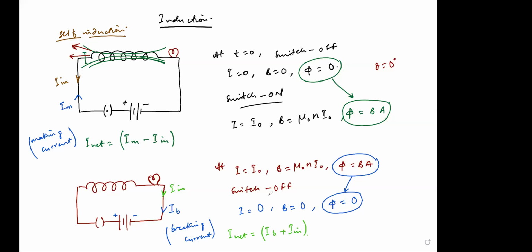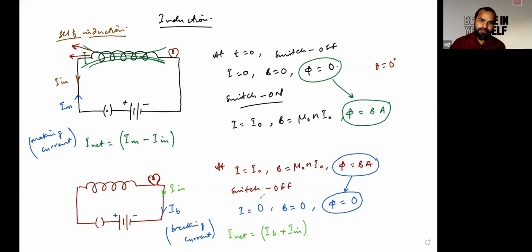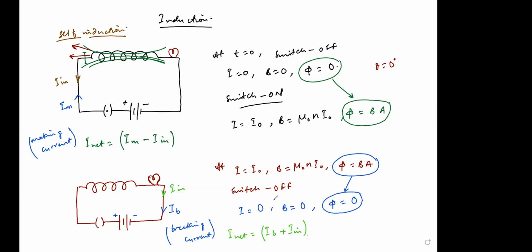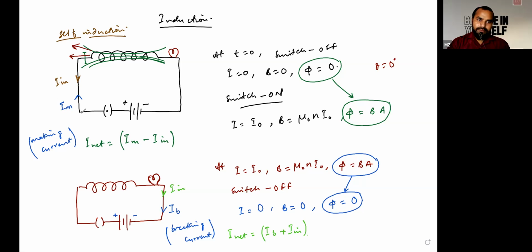Can you explain that again, sir? These two cases or only the bulb part? Only the bulb. In the first case, the flux was increasing due to increasing current. So according to Lenz's law, when flux starts increasing, the induced EMF or induced current will align itself in such a way that it always opposes the change.